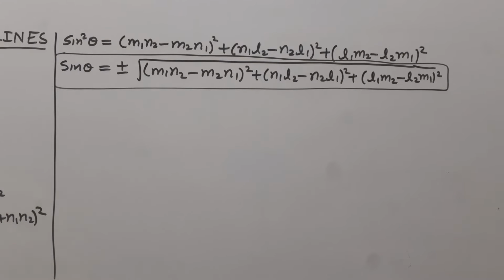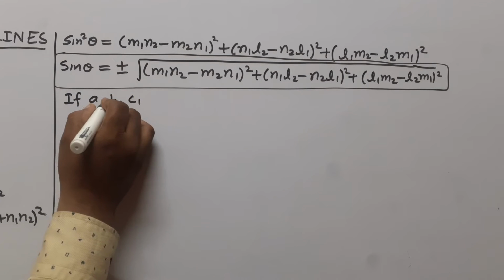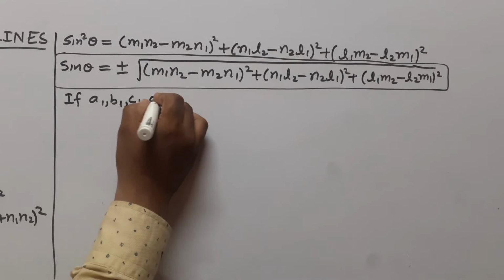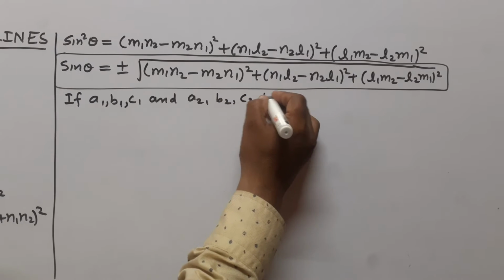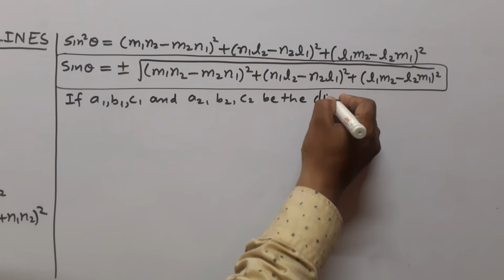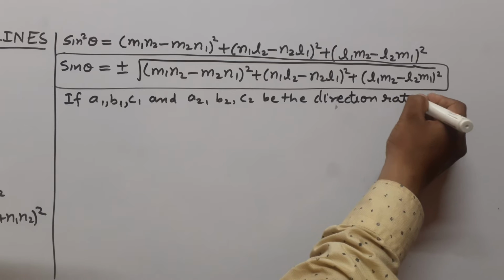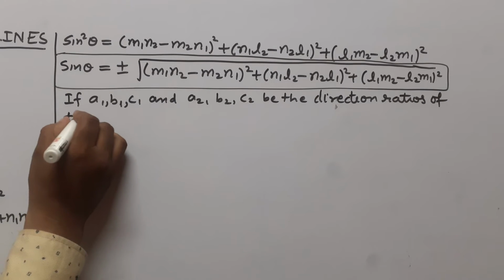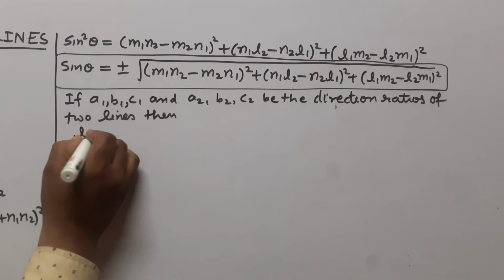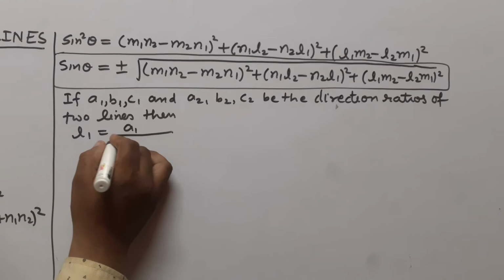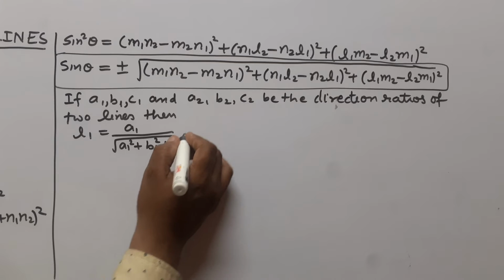Now we know that if A1, B1, C1 and A2, B2, C2 are the direction ratios of two lines, then L1 is equal to A1 upon under root A1 square plus B1 square plus C1 square.